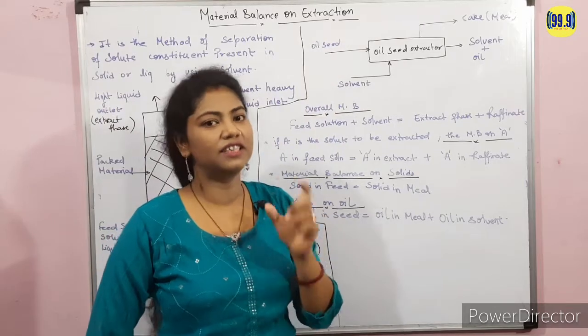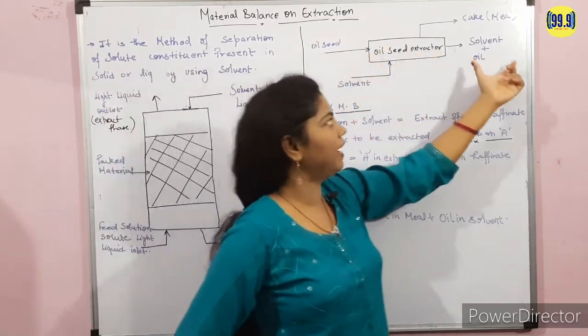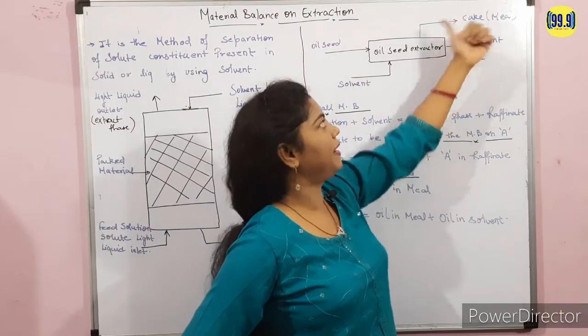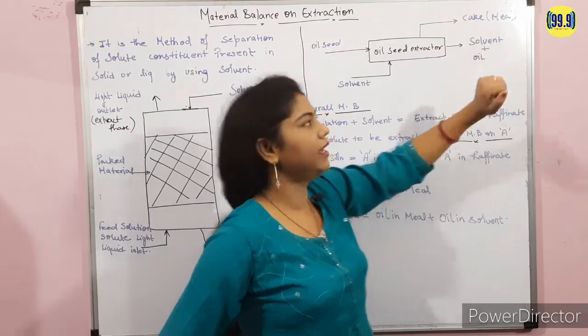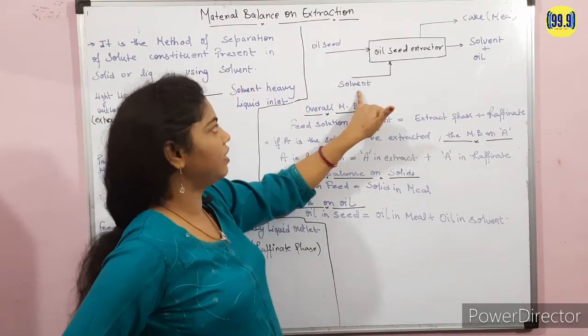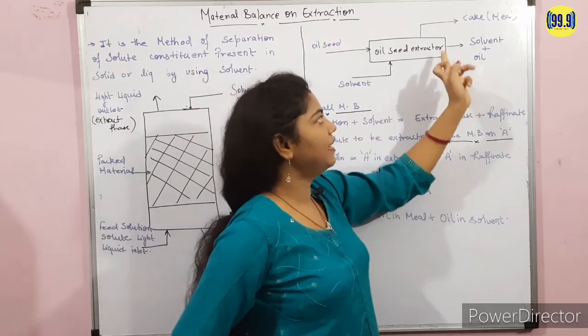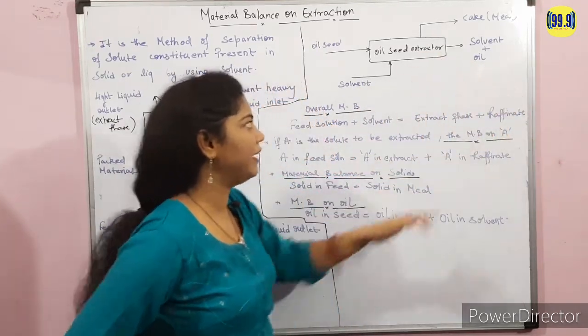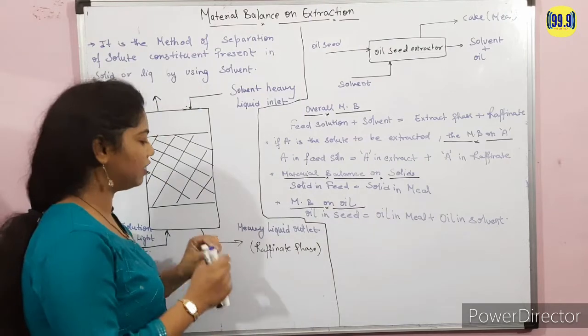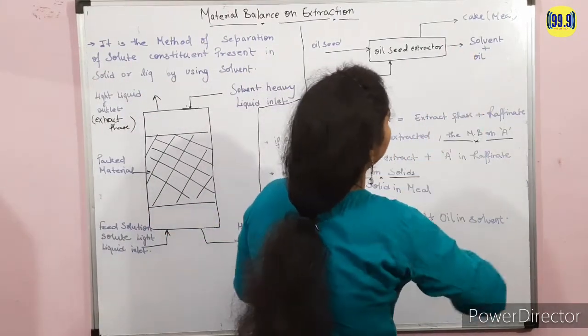Here the oil is the solute, and the solvent carries the oil away and separates the cake. So basically, the oil seed is kept in contact with the solvent, and then we finally get the raffinate phase. The raffinate phase is solvent plus oil, and the cake is the extract phase.